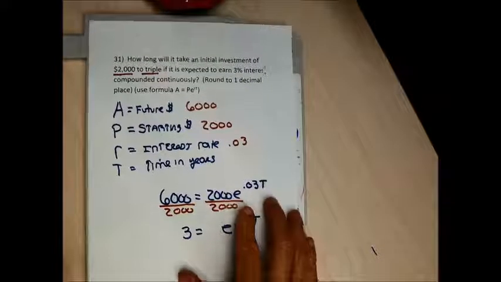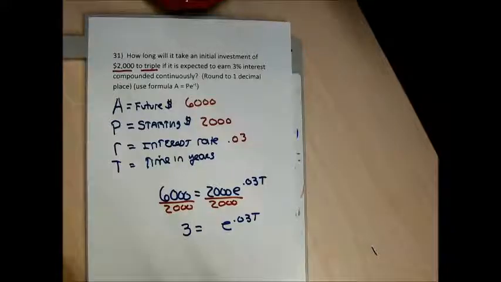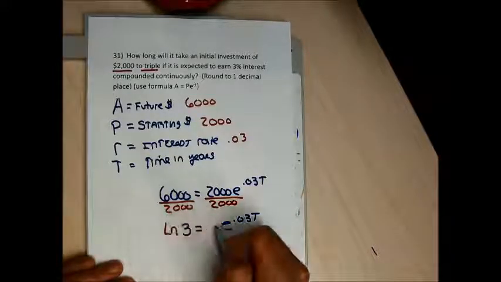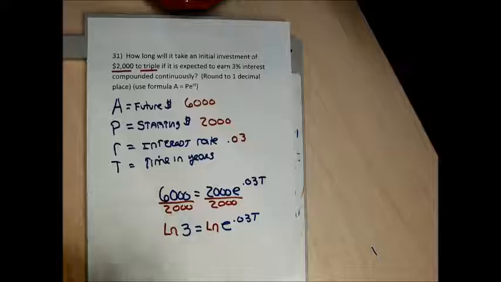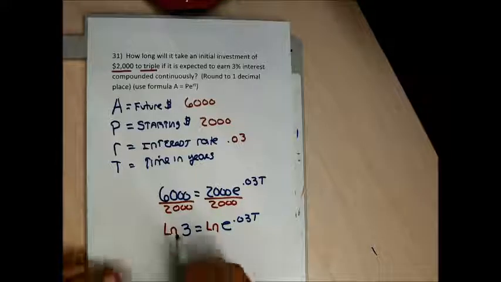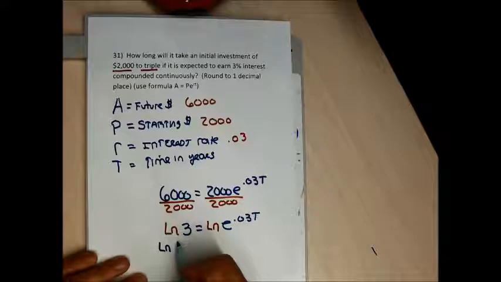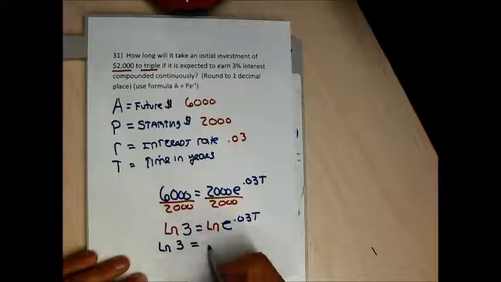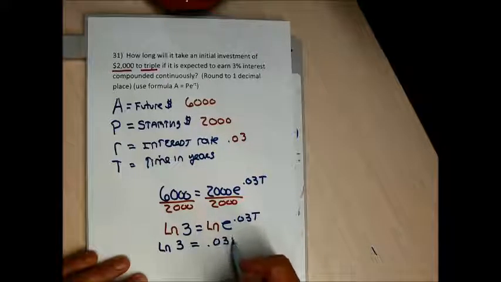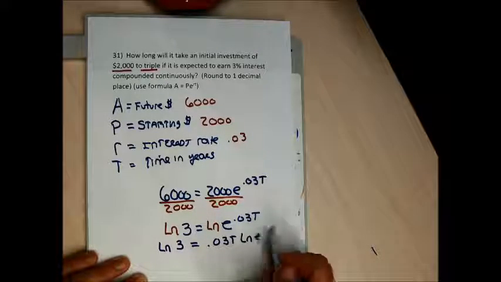And then when we did the video over this, I took the natural log of both sides because it made the calculator work a little bit easier. So I'm going to take the natural log of both sides. The left-hand side I'm going to leave written as the natural log of 3. The right-hand side I'm going to write 0.03t times the natural log of e.